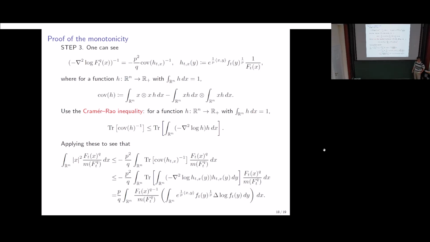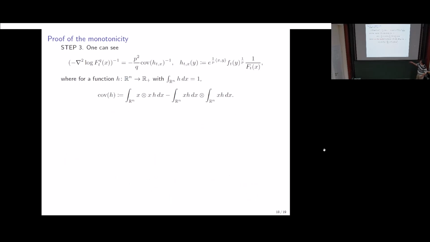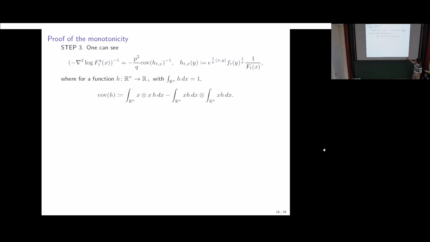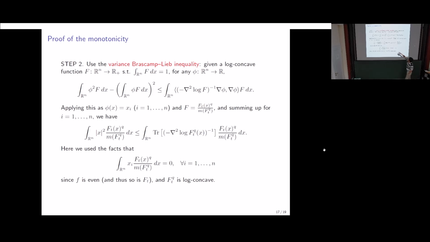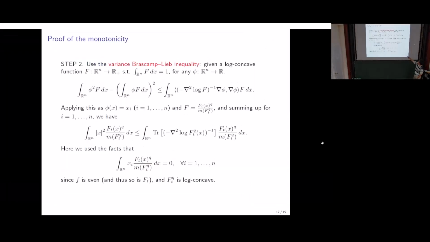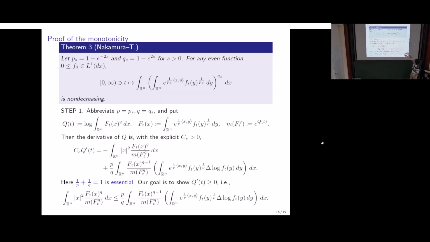Therefore we can show the desired monotonicity. I forgot to mention that the evenness is important to use the variance Brascamp-Lieb inequality. Here, if small f is even, then we can check that capital F is also even, where capital F is the Laplace transform of that type.